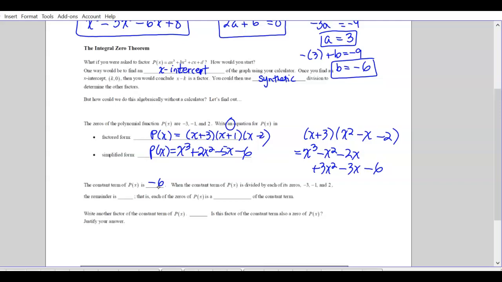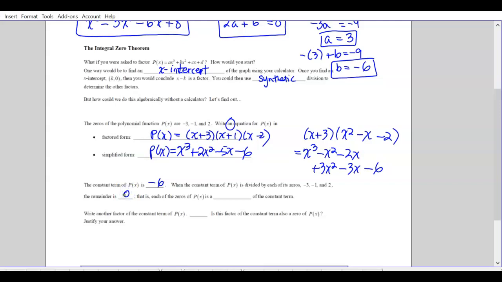So basically, that constant term is the product of all the constant terms in the factors. So when the constant term of p of x is divided by each of its zeros, -3, -1, and 2, the remainder is, take a look at it, all of these numbers go into it evenly. So the remainder is 0.